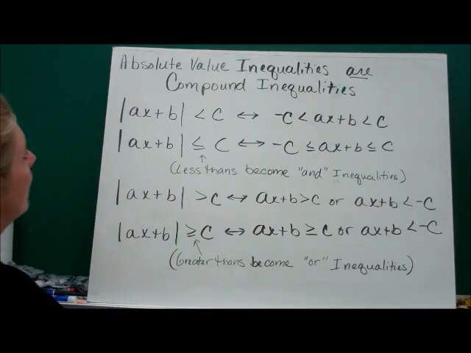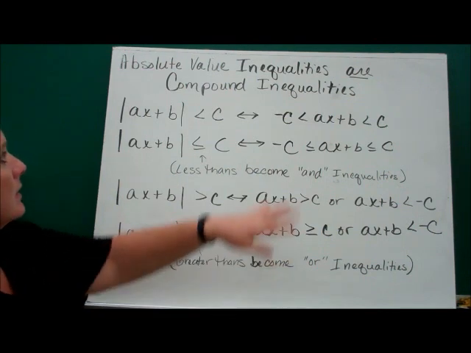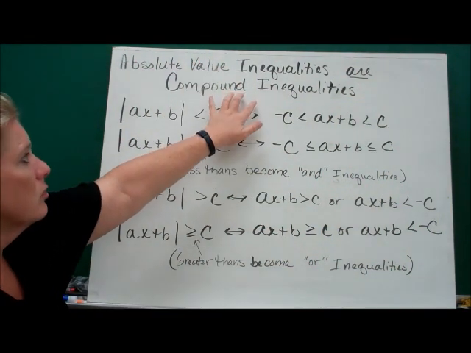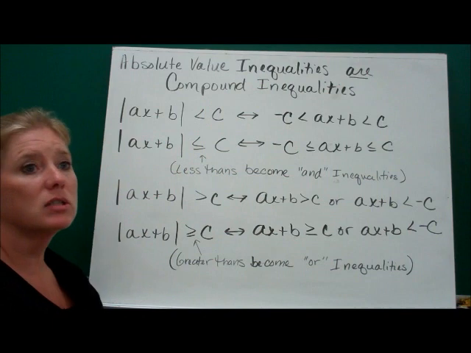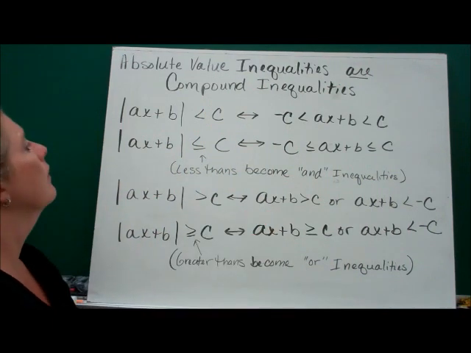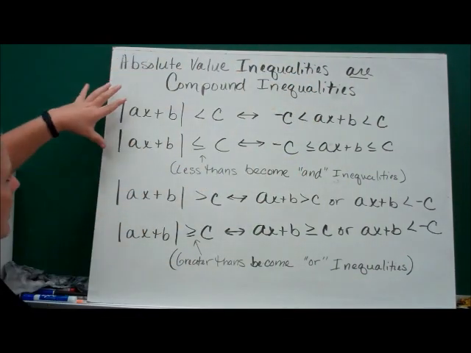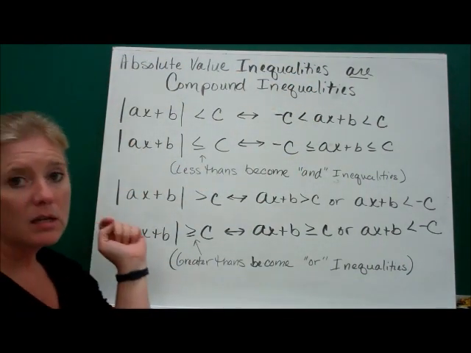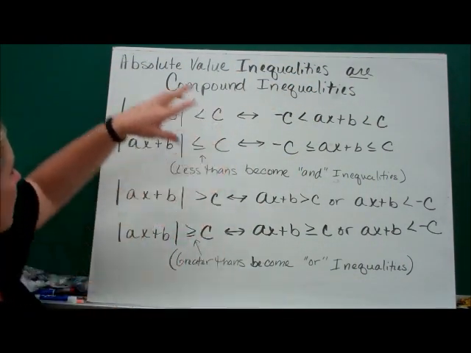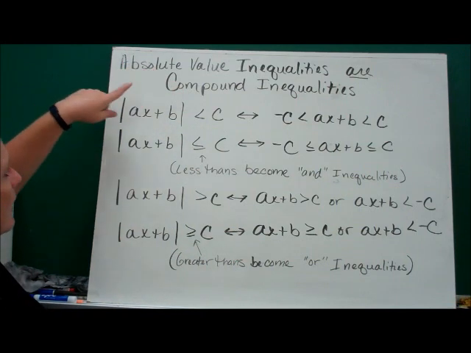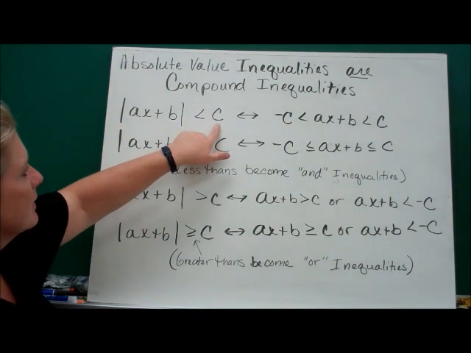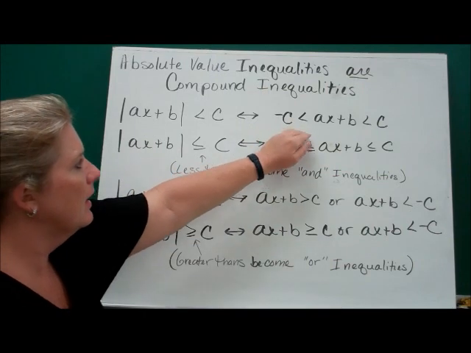Properties. Absolute value inequalities are actually compound inequalities, just written shorter. Okay? So they can be converted between a compound inequality and an absolute value inequality. So that's what we're going to do. Absolute value of ax plus b is less than c is actually an and.